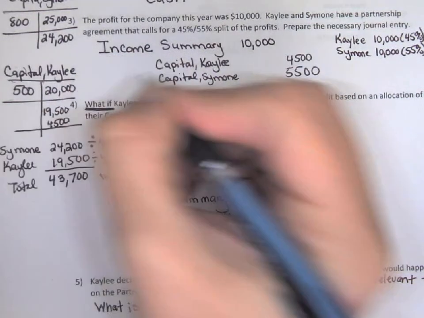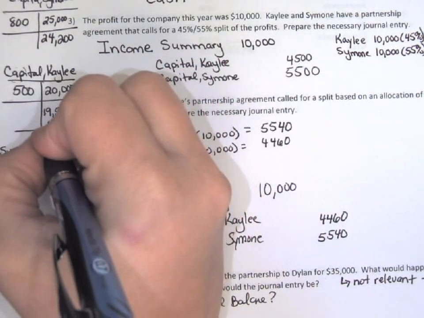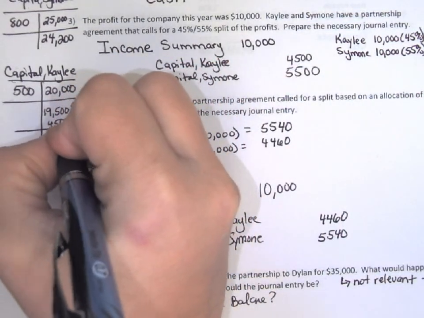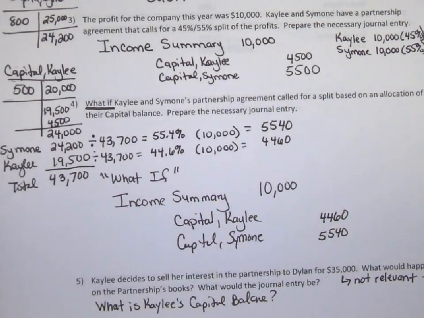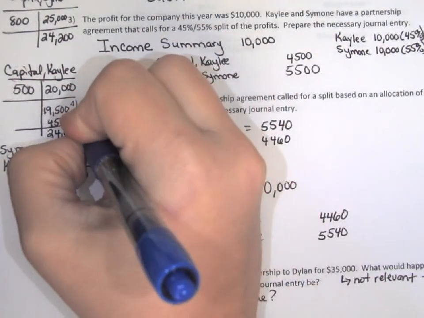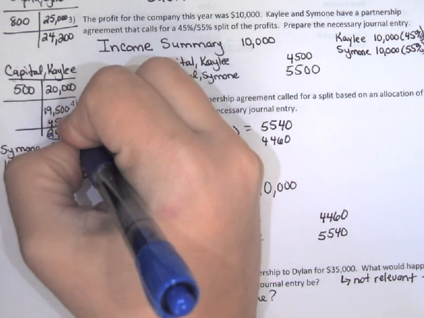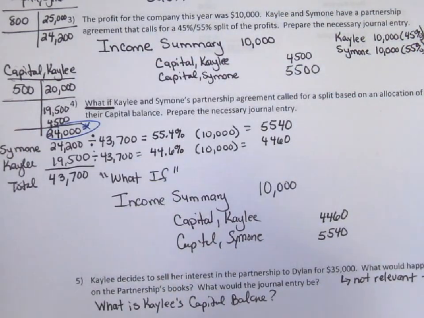amount that was added to her capital account, and what we would find is that Kaylee is sitting here at that $24,000 mark. And so that $24,000 mark that we see right here is going to be the amount that is going to transfer, as far as the books are concerned, from Kaylee's account to Dylan's account, because we need to zero out her account.